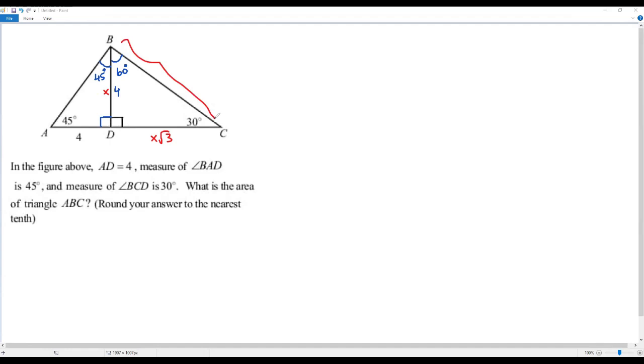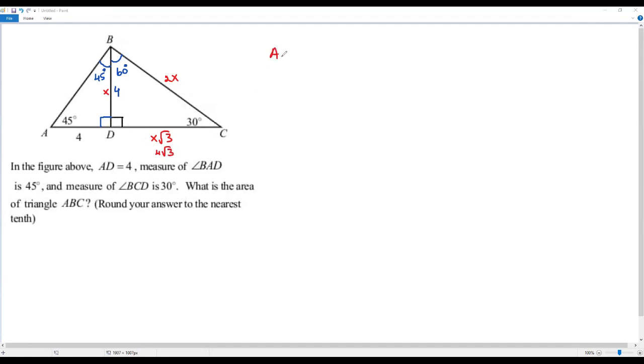To get the length of the hypotenuse, we multiply the shortest leg x by 2, that is 2x. Here the length of BD is x, but we already know the length of BD is 4, so x must be 4. Then we can replace x by 4, and we get the length of DC as 4 times square root of 3.